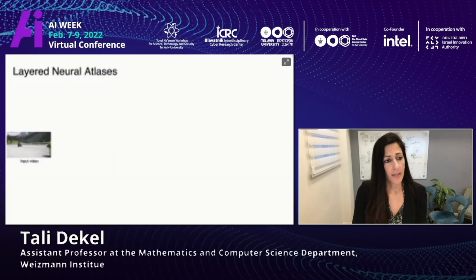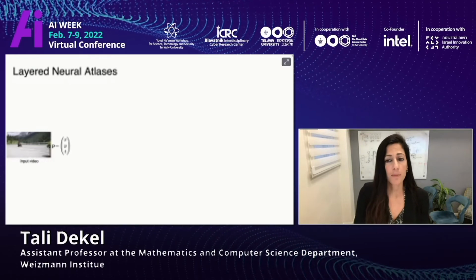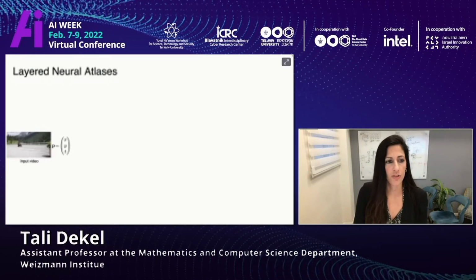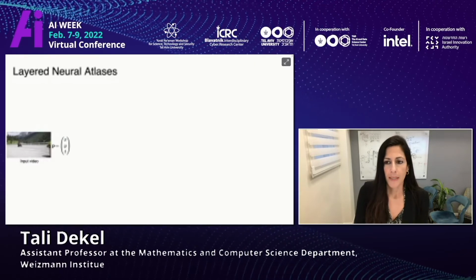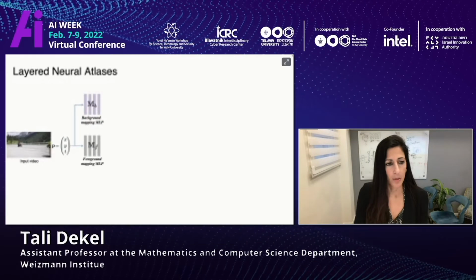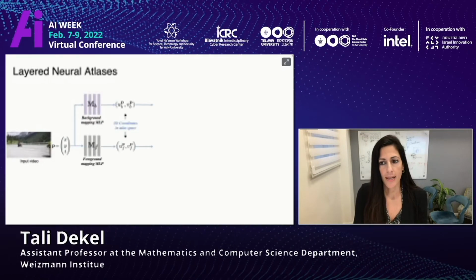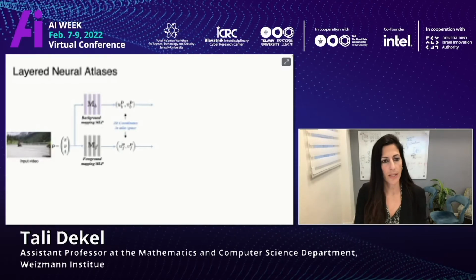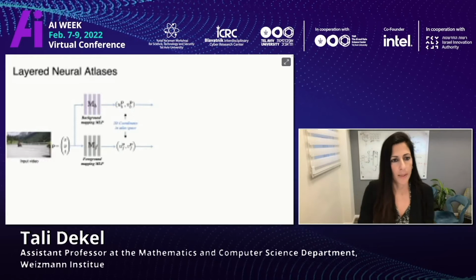Okay, so we're given an input video, and now each pixel position, x, y, t, is first mapped into a 2D location in each atlas. And this is done by having two MLP mapping networks that take the pixel location as input and output a 2D coordinate in the atlas space. Those UV notations that you see here are just 2D coordinates between -1 and 1.